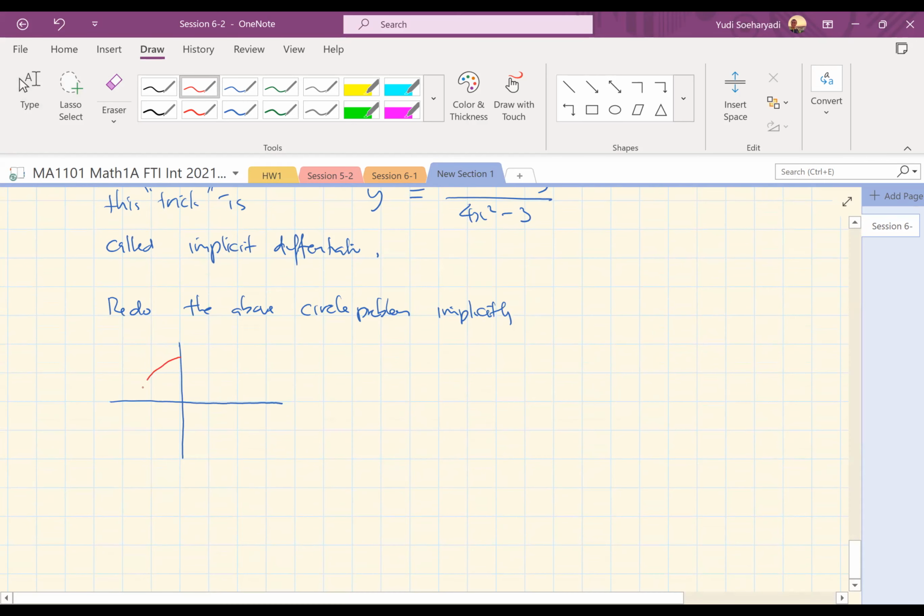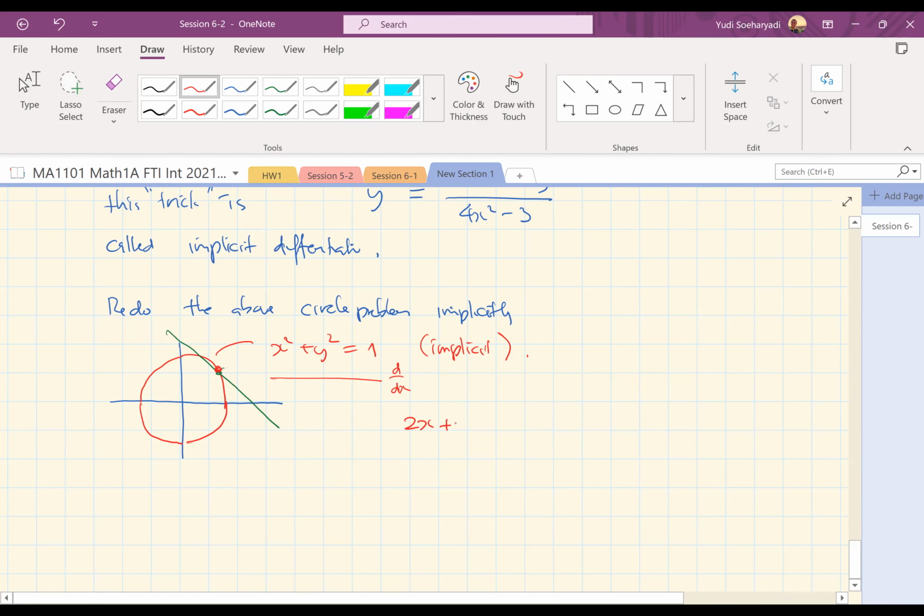We have here x squared plus y squared. Okay, so this is implicit. So you compute d/dx of both sides. What you get here is that you take the derivative with respect to x, and that is 2x.